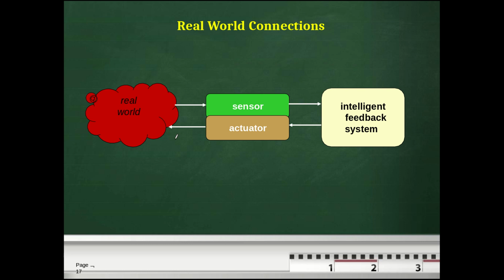So this is the real world connection between measurement using sensors and the actuators, the act. Even the actuator may involve some human interaction, human machine interaction, or a machine directly.